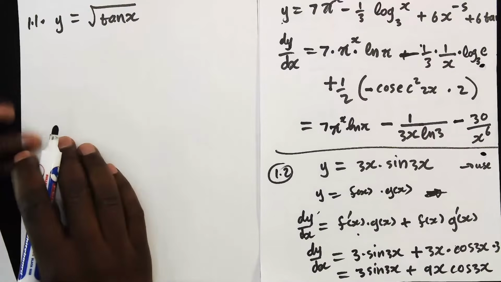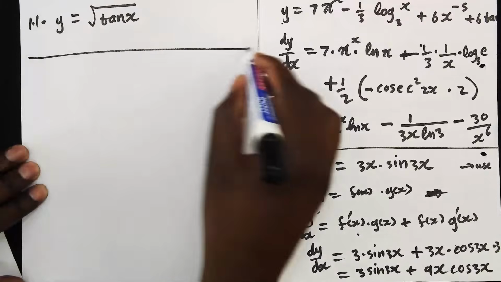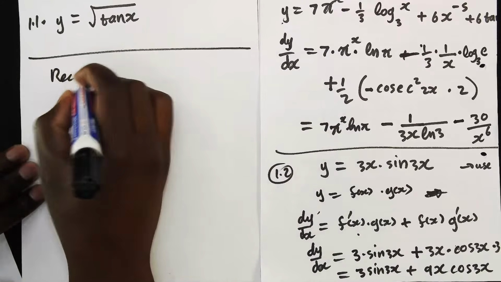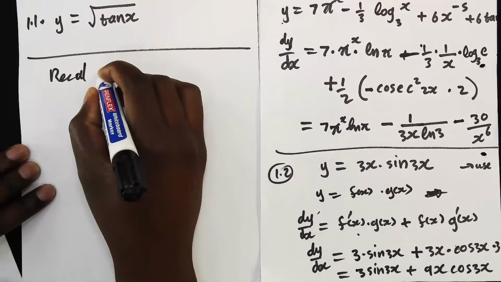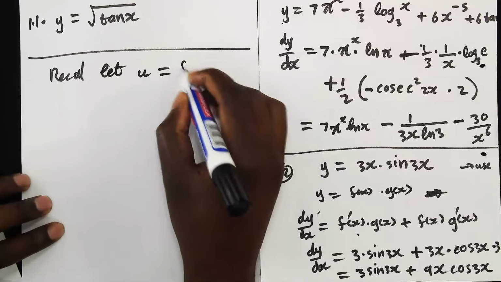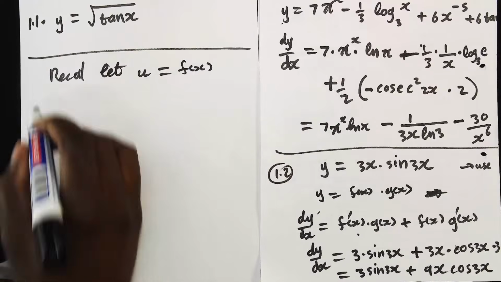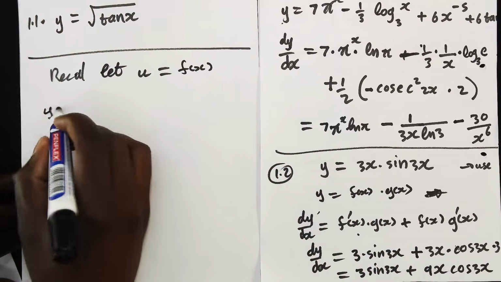So, according to chains of functions, you'll remember, recall that you let u be equal to f of x, right? So what will f of x be in functions? Let's say for an example, we have y.